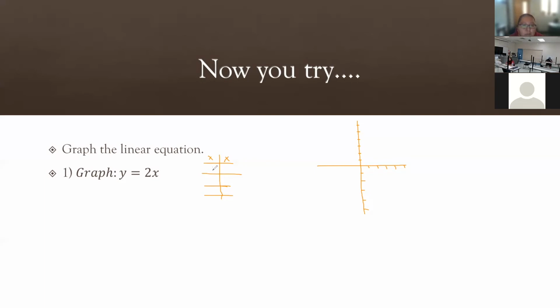You can do 1, 0, -1. That's usually what most people like to do. Some do 0, 1, 2.